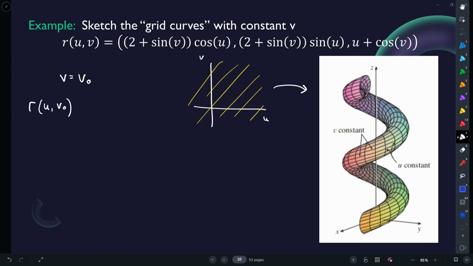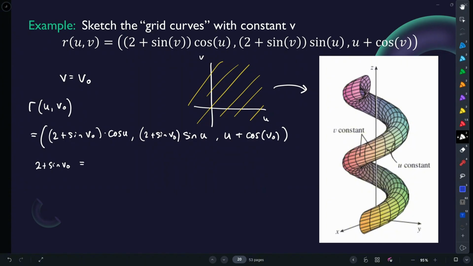For a fixed v naught, I can just plug in, and this is going to be (2 + sine of v naught) cosine u, then (2 + sine of v naught) sine of u, and then u plus cosine of v naught. How do I interpret this? v naught is a constant, so sine of v naught is also a constant. So just put 2 plus sine of v naught, that's some constant.